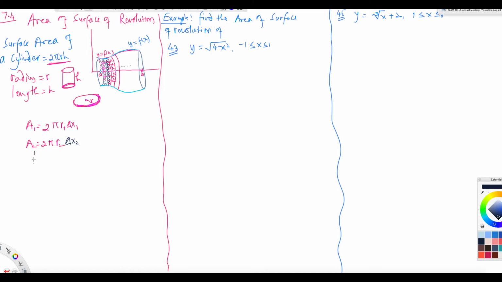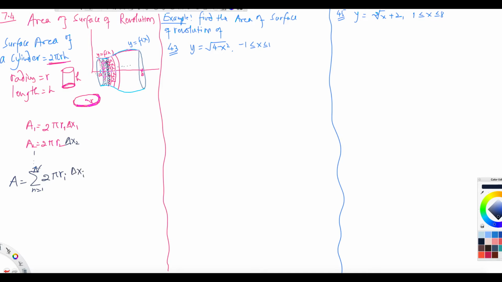If you continue that and add all these, what do you get? The total area will be the summation from i equals 1 through n, however many discs you want to make, of 2 pi r i delta x i.